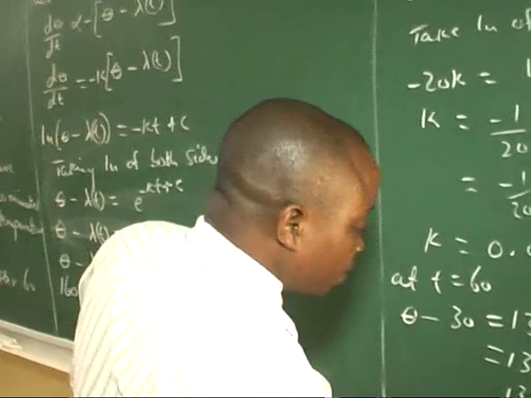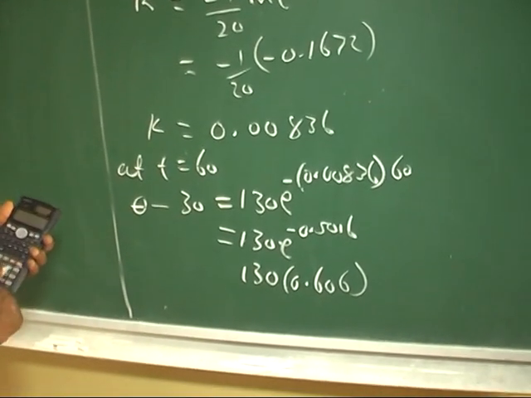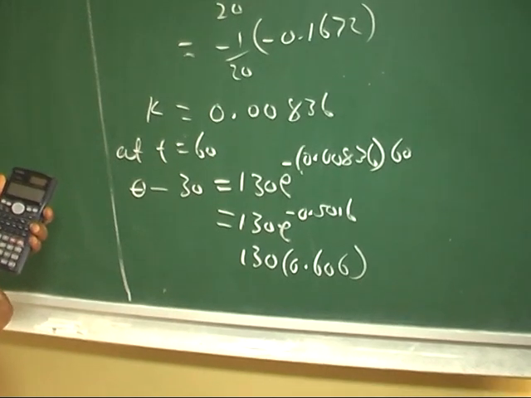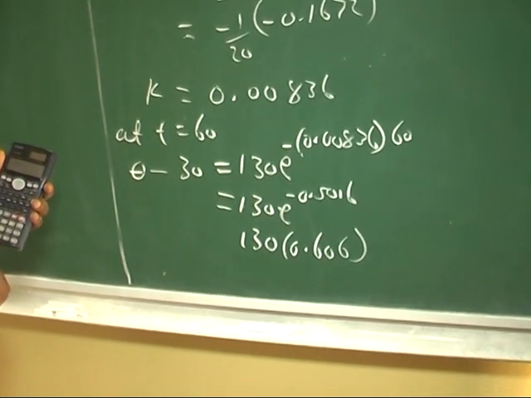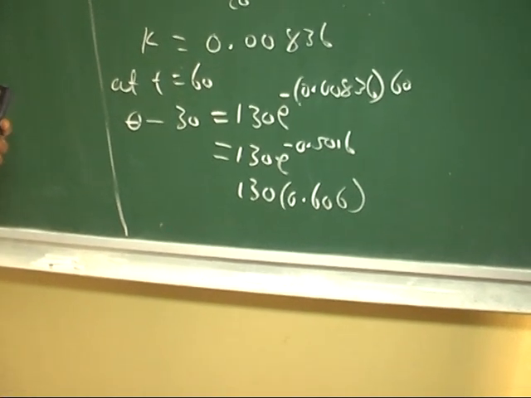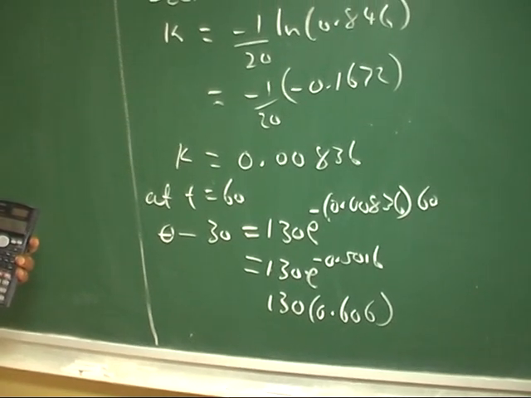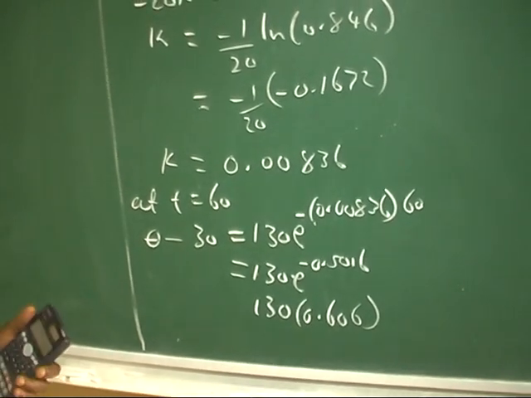Now, if we multiply this by 130 times 0.606, we have 78.78.